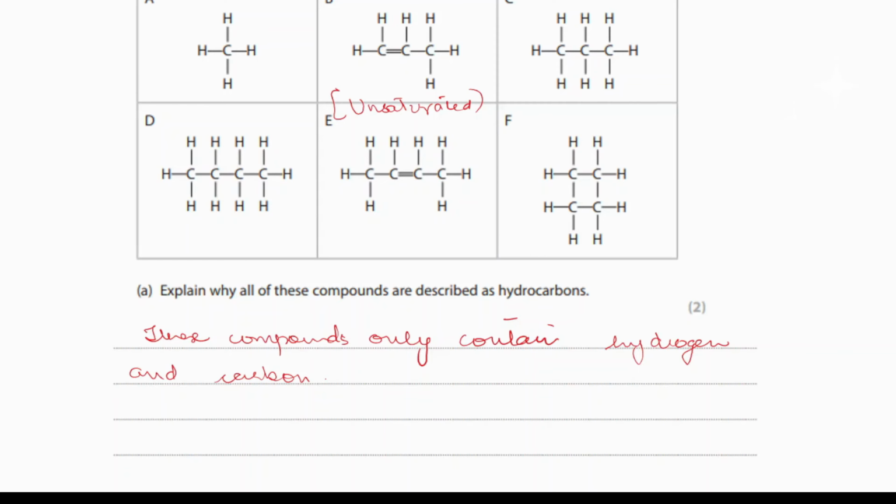There is one thing called saturation and unsaturation. In hydrocarbons, unsaturation means whenever there is a double bond, because we will do some reactions which would include the addition of something. So we can add some atom in the unsaturated molecule, but we cannot add any external atom in the saturated one.